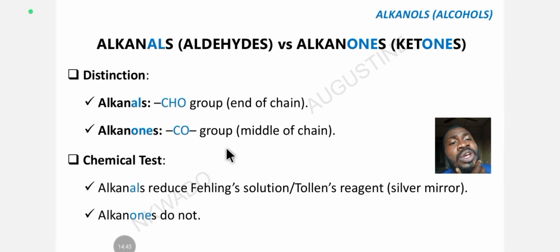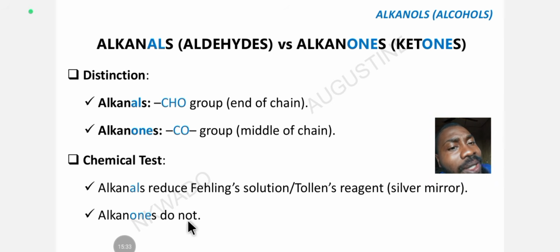So what is the chemical test for both alkanal and alkanone? This is what JAMB wants you to know. The chemical tests include: alkanals reduce Fehling's solution and Tollens reagent, giving a silver mirror appearance.